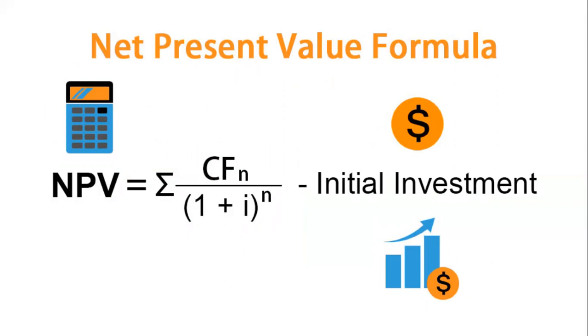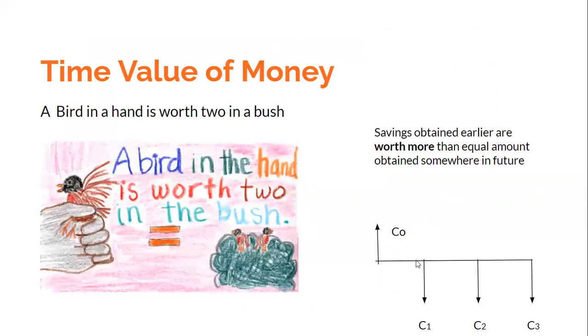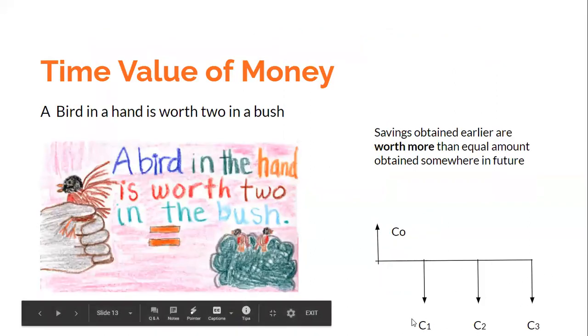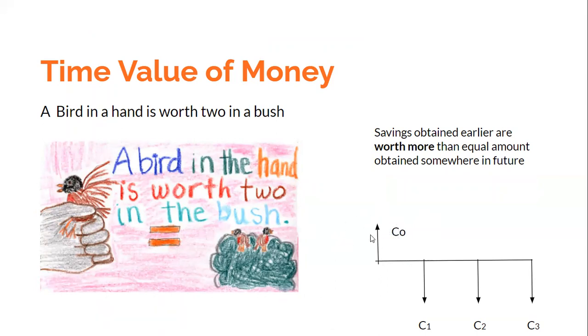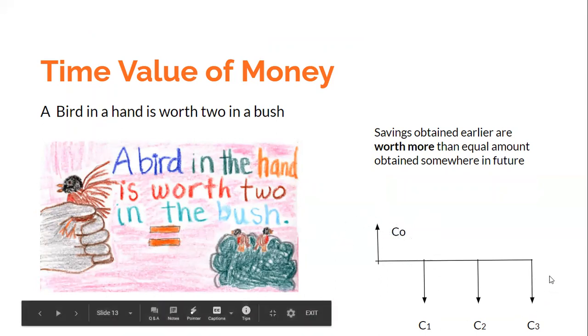What it means is that we are discounting the cash flows which you are going to get in the future, right? And what do we do then? We compare this present value with the initial investment C0. If we get this present value as greater than C0, right, it means that your savings are on the positive side. Are you getting this point?